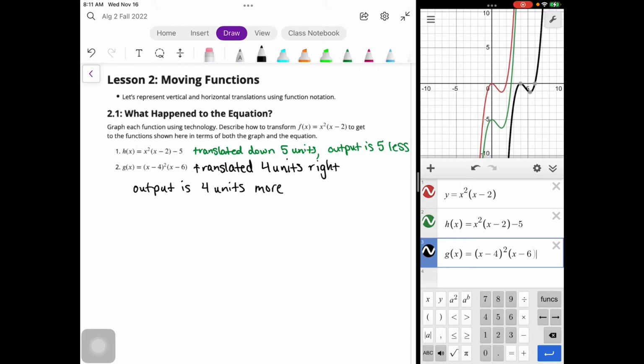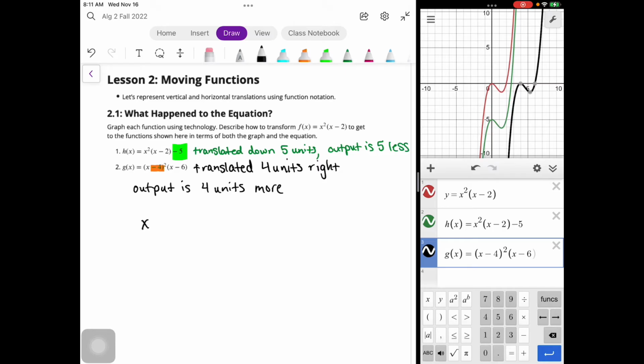Okay, now keep in mind, when we looked at our vertical translation, we could take that at face value. So our negative 5 meant we were going down, right? Negative means down. But here in number 2, we're subtracting 4, right?